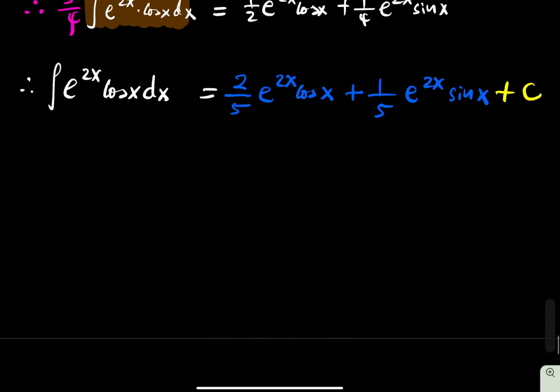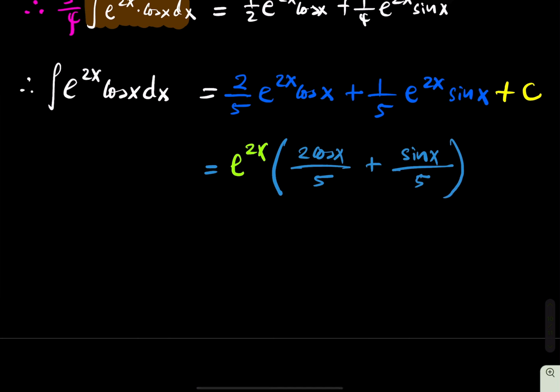So what we can do now, if you love to simplify, this will be e to the power 2x into 2 cos x over 5 plus sine x over 5. I took the common factor there, and that is e to the 2x.